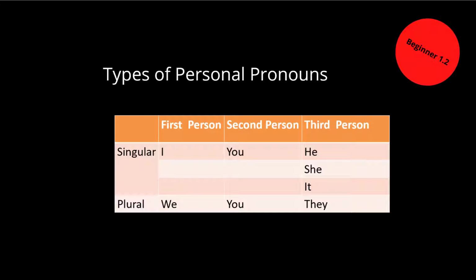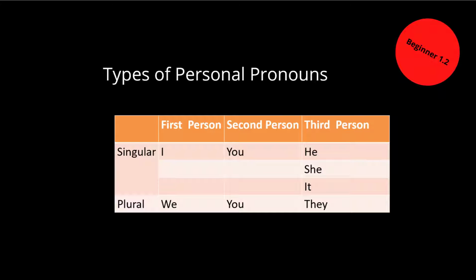They're further subdivided into three categories: first person, second person, and third person. Altogether, there are 5 singular personal pronouns: I, you, he, she, it, singular meaning used for one person. And there are 3 plural personal pronouns: we, you, they. Note that you is used both as a singular personal pronoun and a plural personal pronoun.